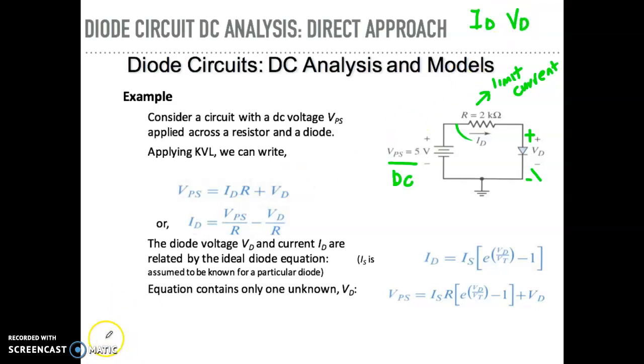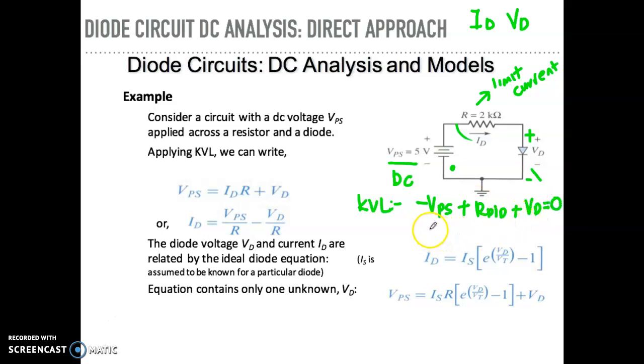So now let's go through the equation. What is the equation for this circuit? In order to find ID and VD, you need to apply what we call the KVL equation. Let's say we start KVL from here: minus VPS plus RD ID plus VD equals 0.